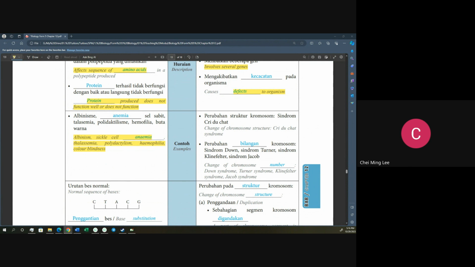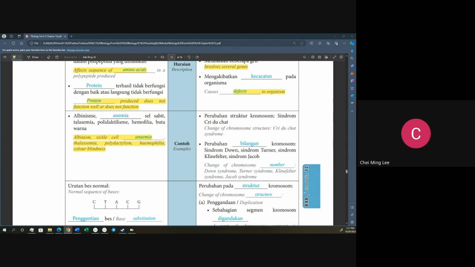And then for polydactylism, it is actually where you have an extra finger on your hand. Sometimes the common condition is we have 5 fingers, but maybe you have 6 fingers. Then this one is polydactylism. Then hemophilia.